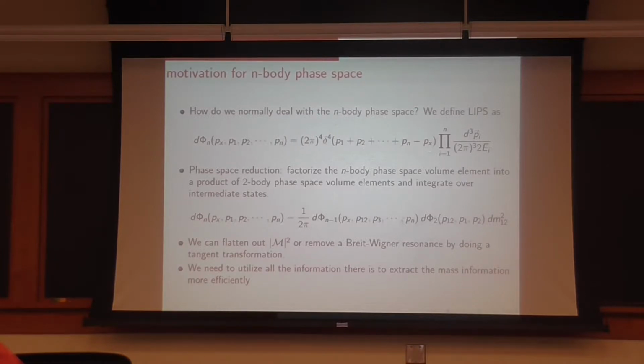We take this difficult-looking set of d^3p's and divide them into sequential two-body phase spaces. And then each time we do this, we have to integrate over one invariant mass. And that could be a good thing if there's a resonance, and we can eliminate that.